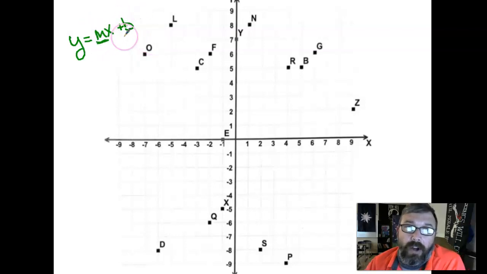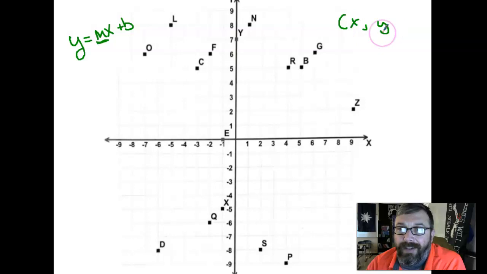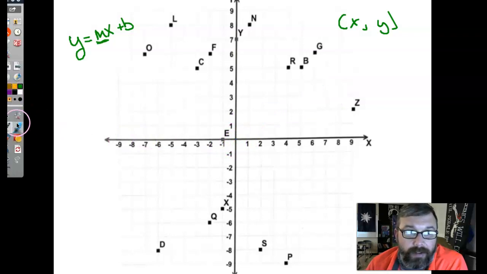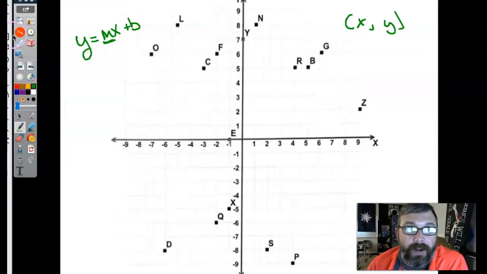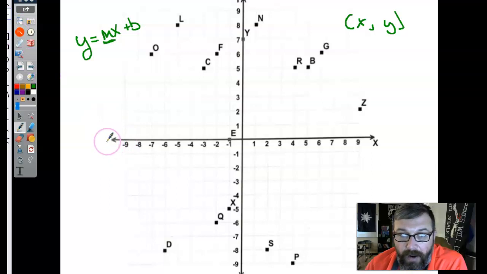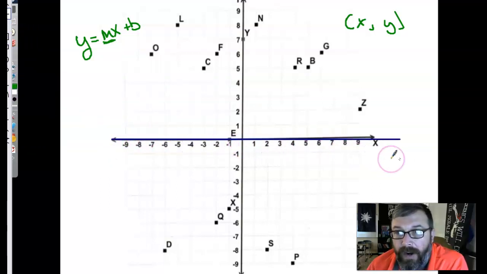Before we get into talking specifically about slope, I wanted to take a minute just to refresh things. All our coordinates are listed as an x-coordinate and a y-coordinate. Our x-coordinate is, let me get my pen modifier so I can draw nice lines, our x is going to be on this blue line right here.